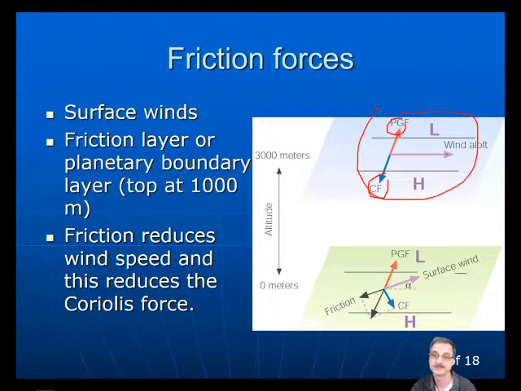But when you get a frictional force, the winds won't move in a straight line. They'll move at an angle that we call alpha to our isobar lines right here.